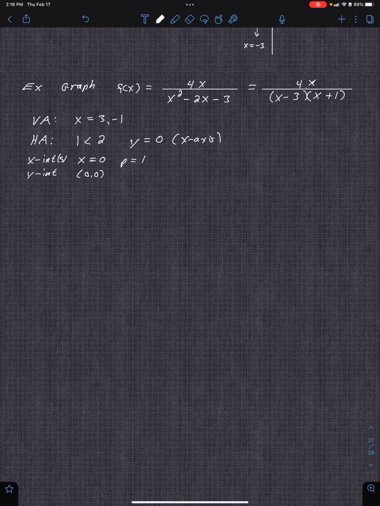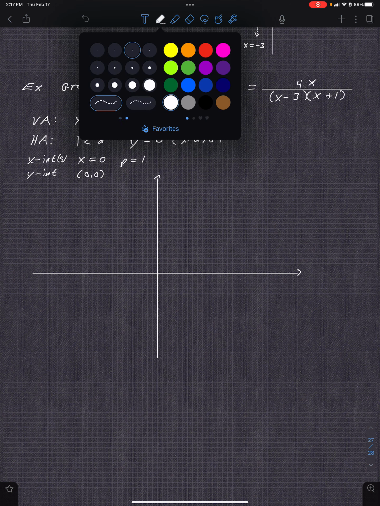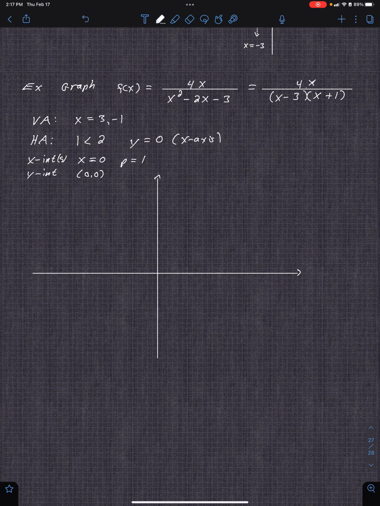Okay, so now let's go ahead and graph this thing. Draw on your graph your vertical asymptotes. So vertical asymptotes are at 3 and -1. So here's 3 and -1.